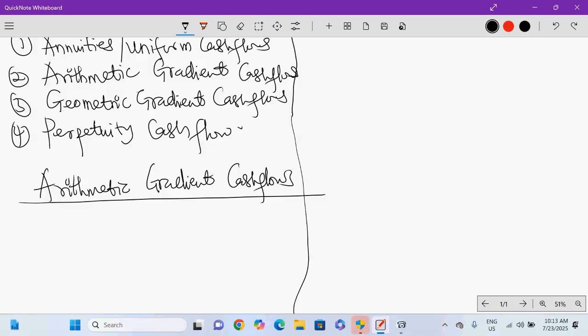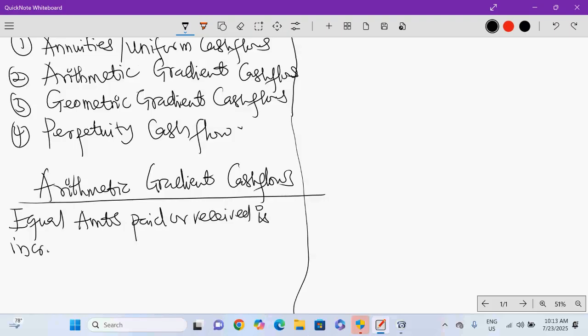Arithmetic gradient cash flow. With arithmetic gradient cash flow, that is where equal amounts paid or received is increased or decreased by a specific amount.